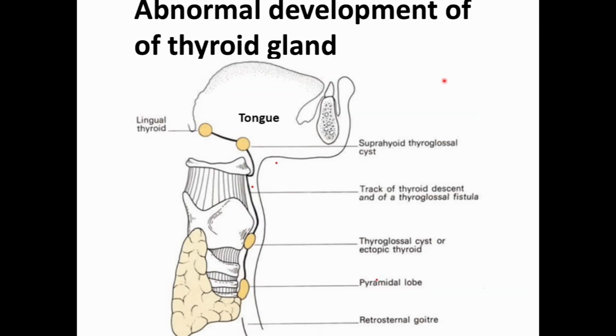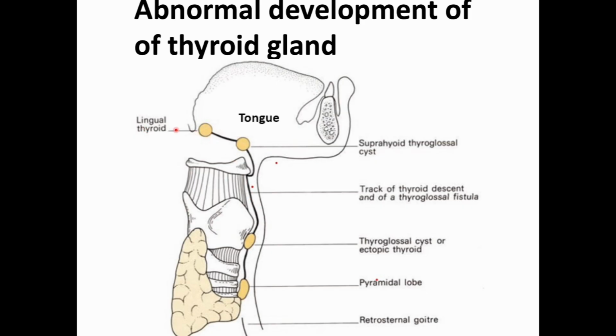This slide shows the abnormal development of the gland and the related disease. As mentioned before, the gland develops at the floor of the mouth, at the area we call foramen cecum of the tongue. If the gland doesn't descend by the aid of the thyroglossal duct, it may stop at the tongue.